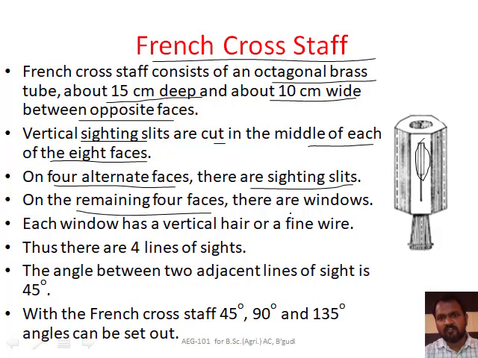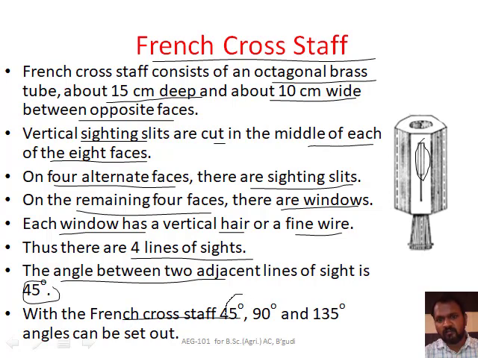On the remaining 4 faces there are windows, and each window has a vertical hair or a fine wire. There are 4 lines of sight and the angle between 2 adjacent lines of sight is 45 degrees. The French crosstop gives measurements of 45 degrees, 90 degrees and 135 degrees.